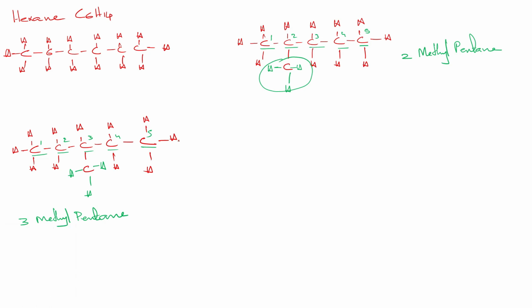One more isomer is like this. Again we have 4 carbons, not 5 carbons, 4 carbons in the main chain: carbon, carbon, carbon, and carbon, and we provide 2 carbons in the second position. So in total we have 6 carbons now.